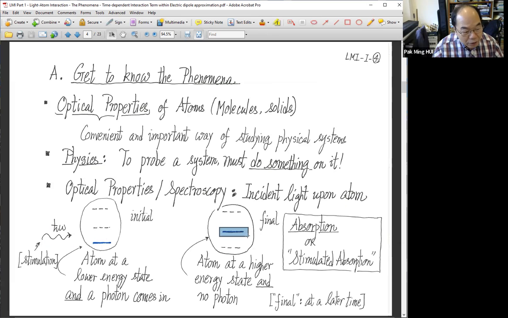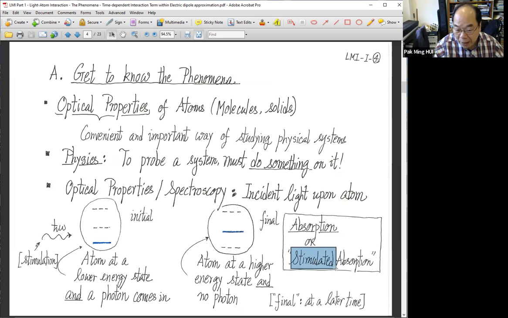So the description of this is stimulated absorption. I include the word stimulated here to go parallel with something called stimulated emission. Of course, for absorption, if you don't stimulate it, there's nothing to absorb. So usually it's simply called absorption.